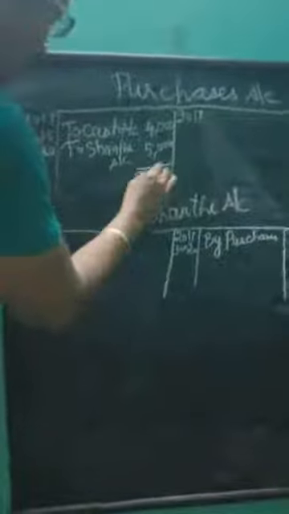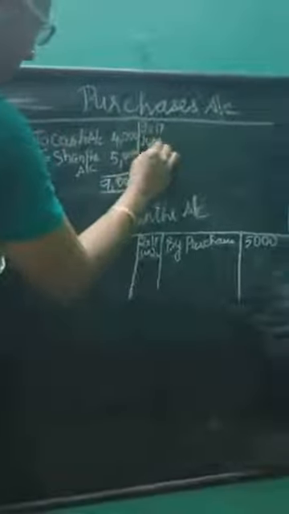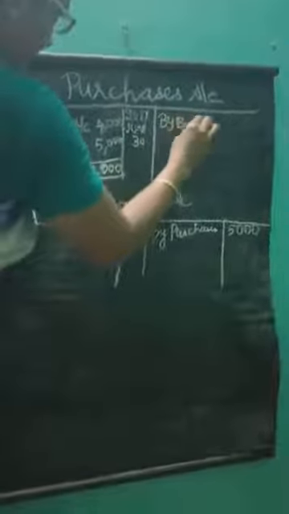Let us balance 9,000. Put the total and June 30. By balance carried down 9,000.